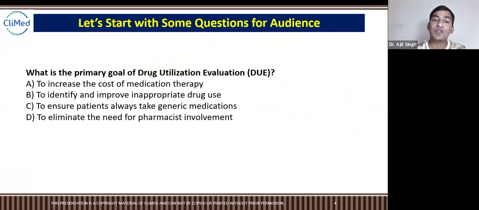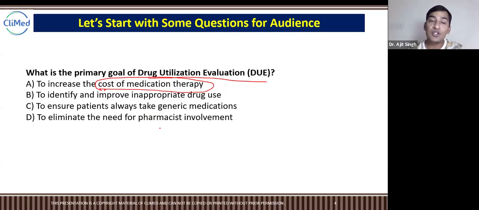The primary goal of drug utilization, see, the first option is to increase the cost of medication therapy. This is not related to drug utilization evaluation. Drug utilization evaluation may tell you that your drug is not performing well in the society or in the patients and needs improvement, but it doesn't talk about the pricing of the drug.